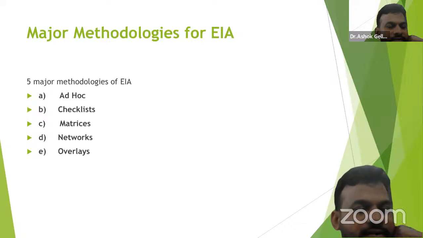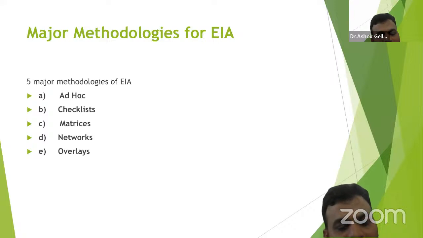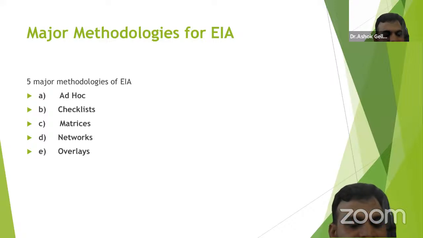Another important factor is recreation: fishing, boating, and hunting. All this is considered in the checklist method.